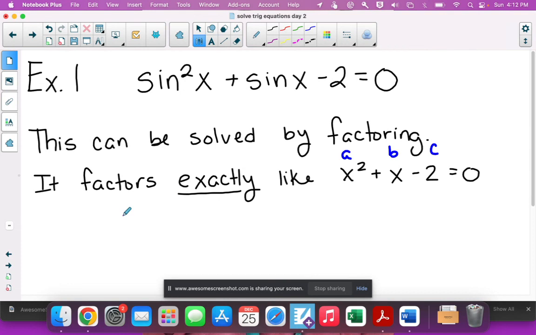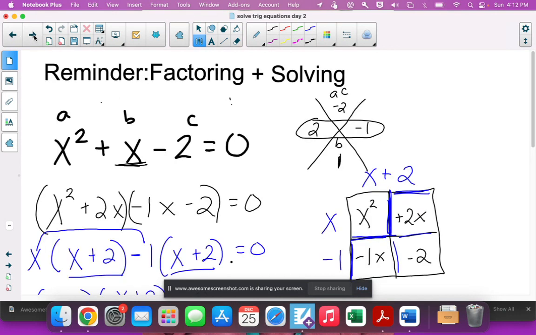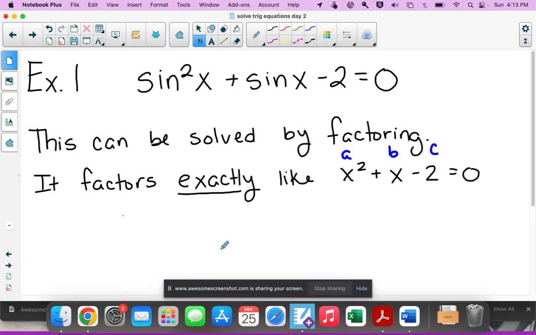If you ignore the words, this is legitimately like factoring x squared plus x minus 2. Okay, and that was our first example that we did on the previous page, right? x squared plus x minus 2. It is legitimately the same problem. The only difference is you'll obviously have an extra step at the end when you get it down to x equals a number, because then you have to go back on your unit circle and look for where sine is that number, right?